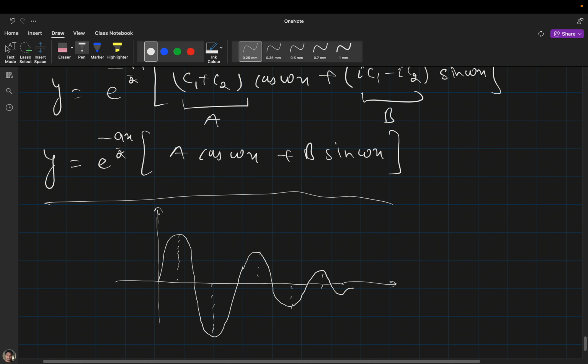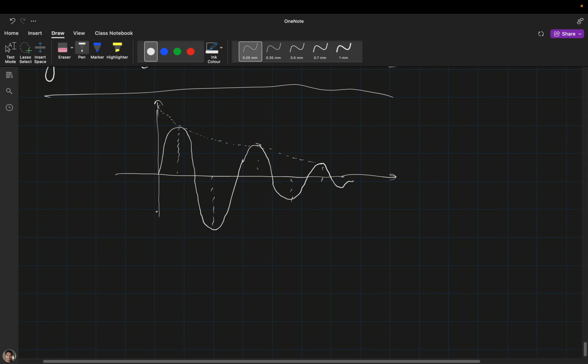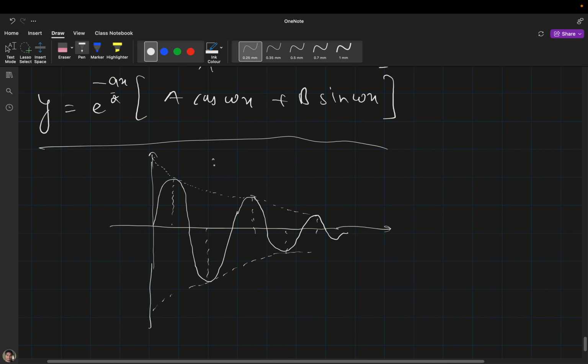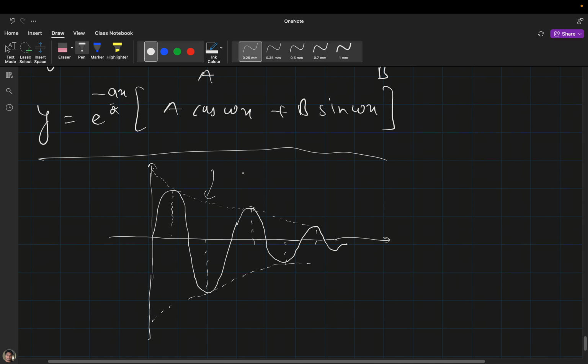Okay, and you know what kind of curve this peak is passing through? If you draw this function, you will get a graph something like this, and this curve where all peaks are touching is nothing but e raised to the power minus ax by 2.